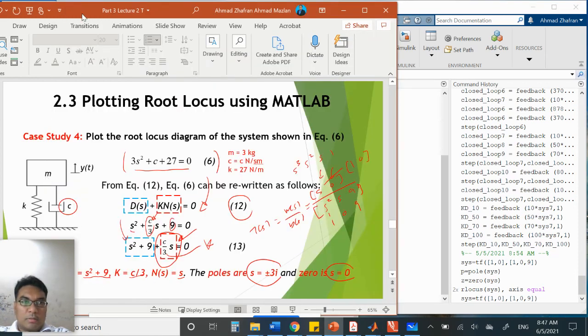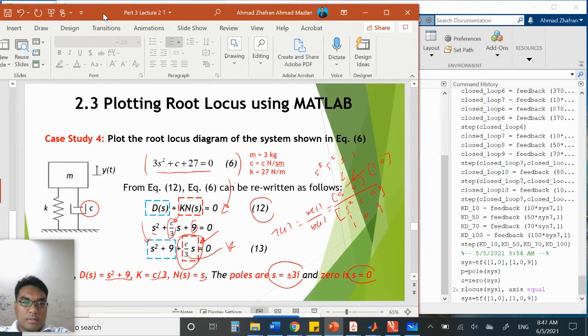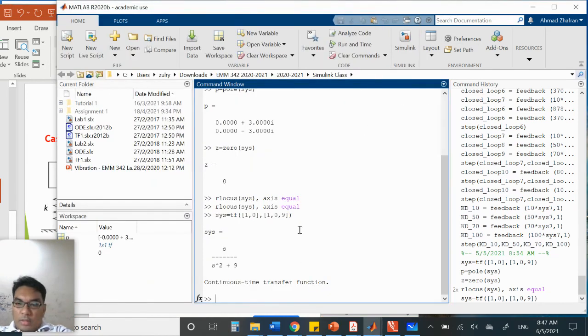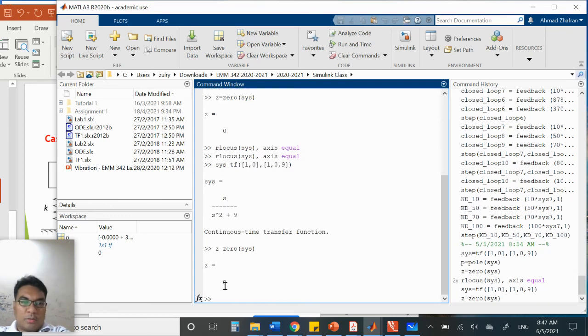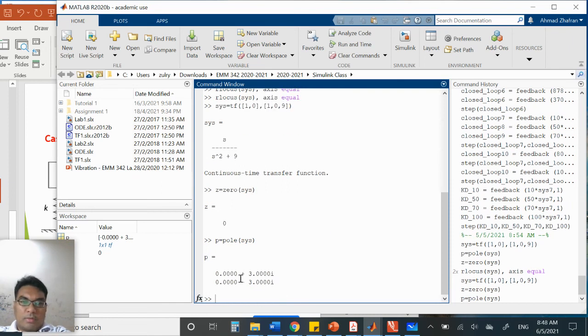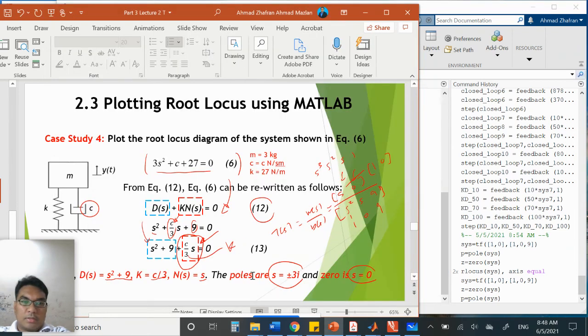The denominator is s power of 2 plus 9, and the numerator is s only. So from this you can know how to generate the zeros, the above part. For example, the zero here is equal to 0. And for the poles, you can have poles given as plus minus 3 imaginary, so you can verify that the value is correct.